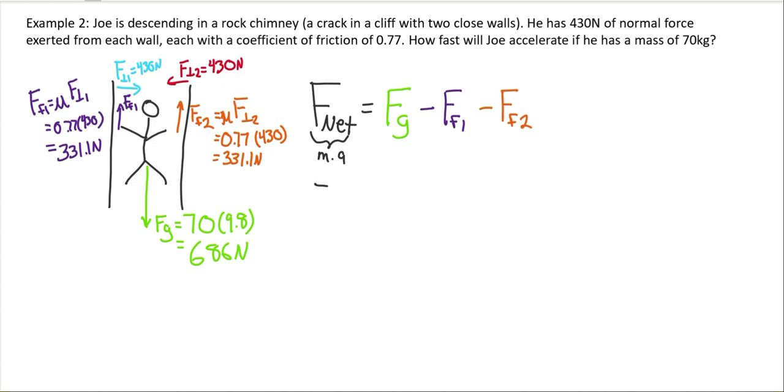That mass is 70 multiplied by the acceleration equals our force of gravity, 686, minus force of friction 1, 331.1, minus force of friction 2, 331.1. All we've got now is a little bit of calculator work, so let's wrap this up.